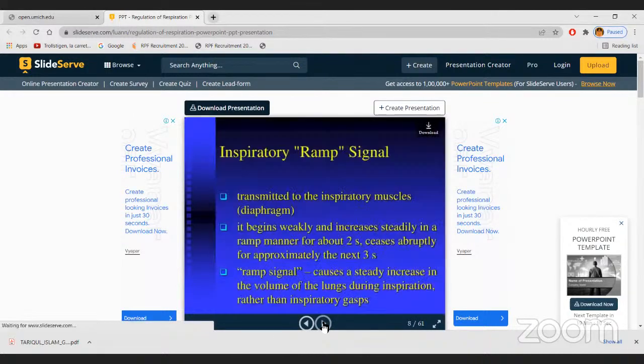The next one, the inspiratory ramp signal, is transmitted to the inspiratory muscles, the diaphragm, which is very important for receiving oxygen and discharging carbon dioxide. The movement is defined by the diaphragm.